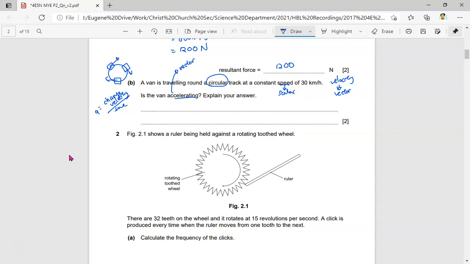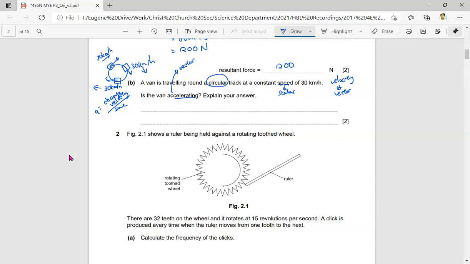So if I'm moving 30 km per hour, when the van is here, it is actually moving 30 km per hour in this direction. When the van is here, it's actually moving 30 km per hour. So you see the value is the same, but the direction is now over to this side. At this particular point, it's 30 km per hour still, but it's moving in this direction. So what you will realize is that the value, the magnitude is the same, but the direction is constantly changing.